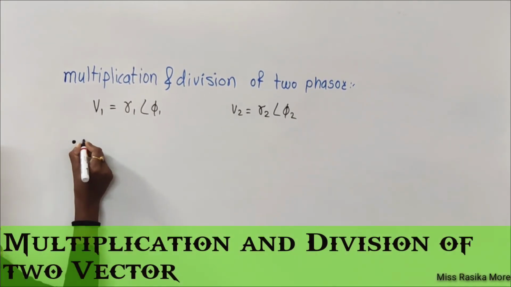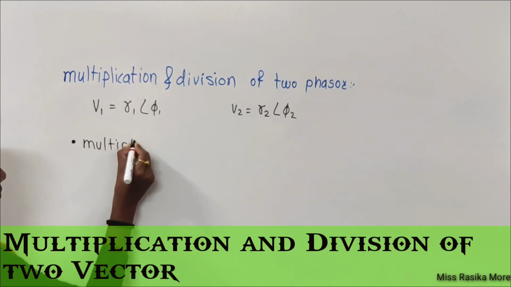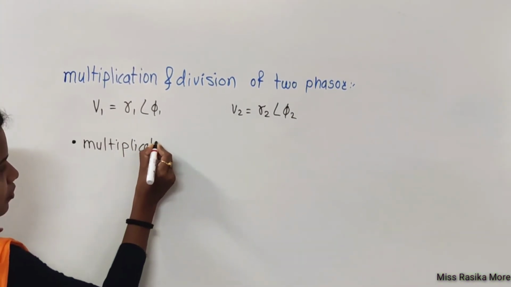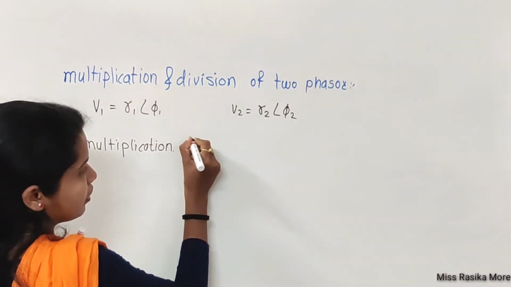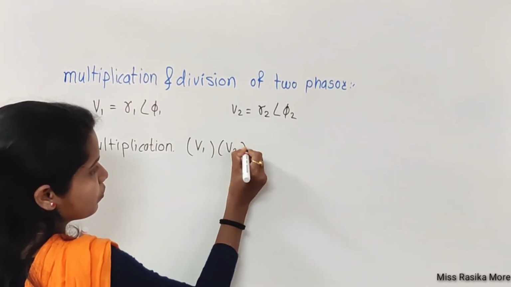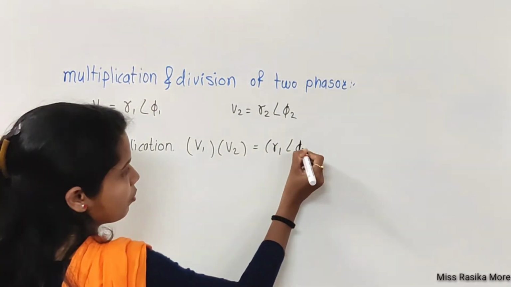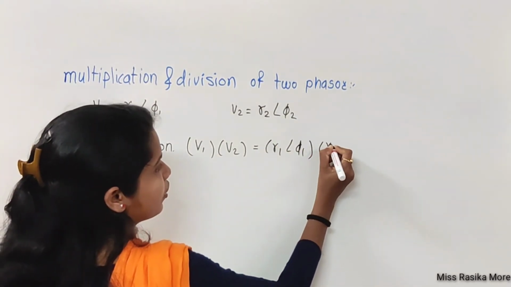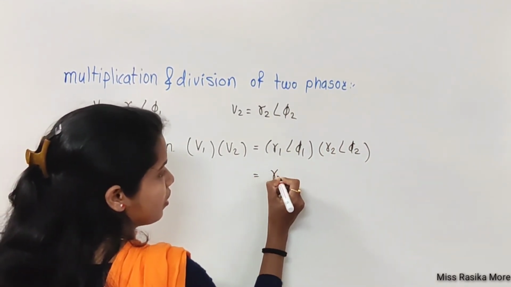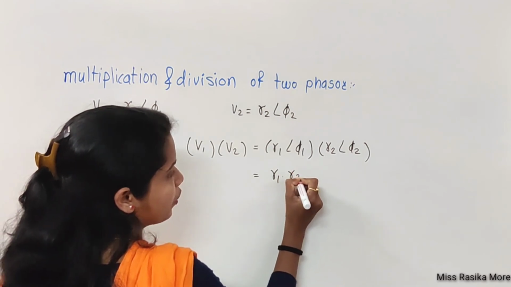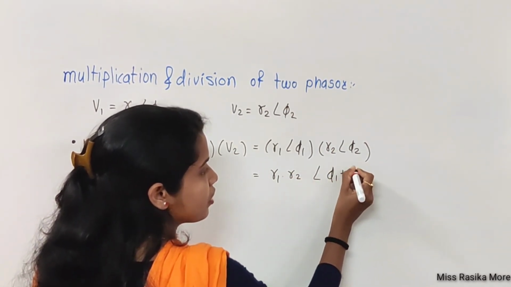So for multiplication, v1 into v2. v1 is r1 at an angle phi 1, v2 is r2 at an angle phi 2. It becomes r1 into r2 and the angle is phi 1 plus phi 2.